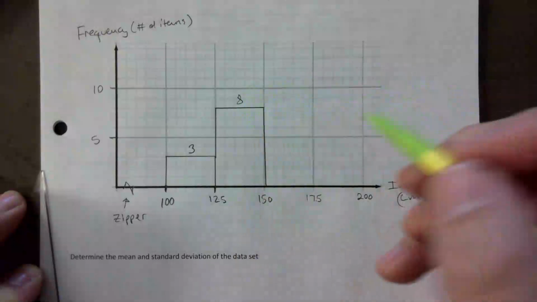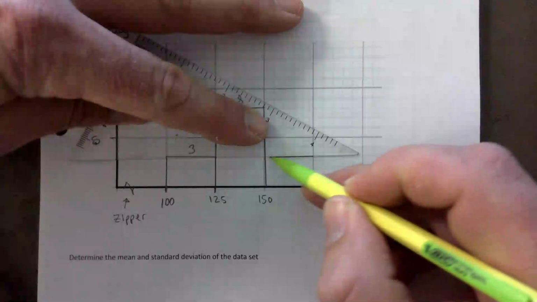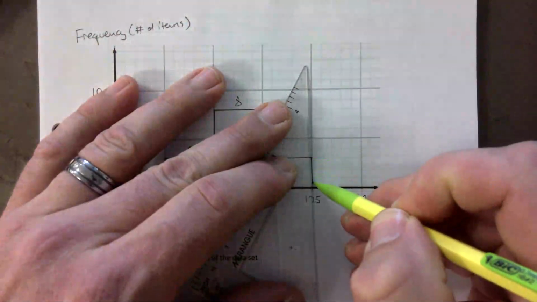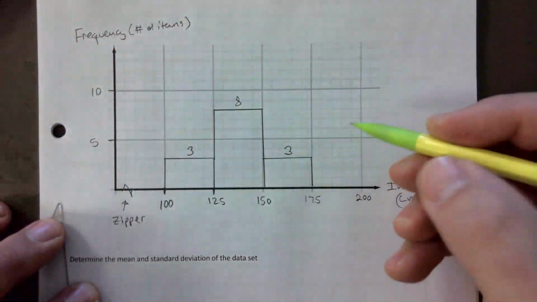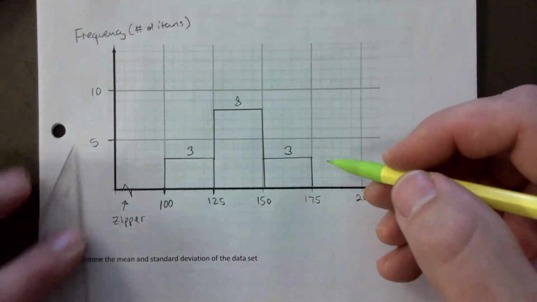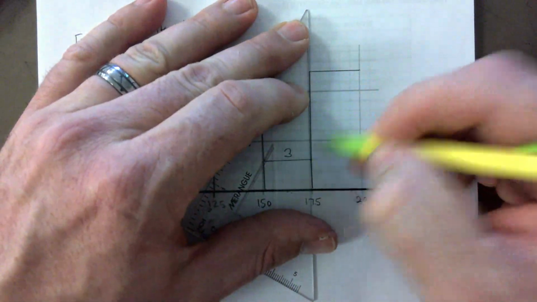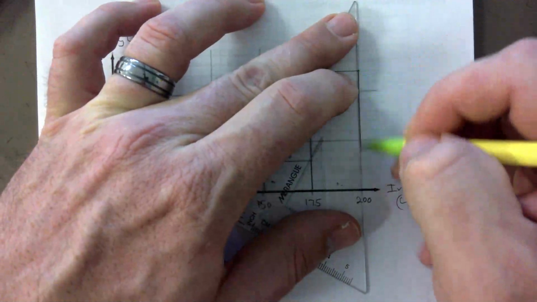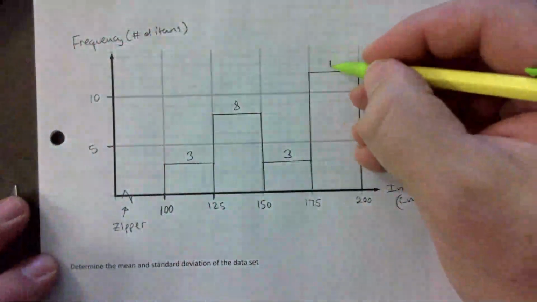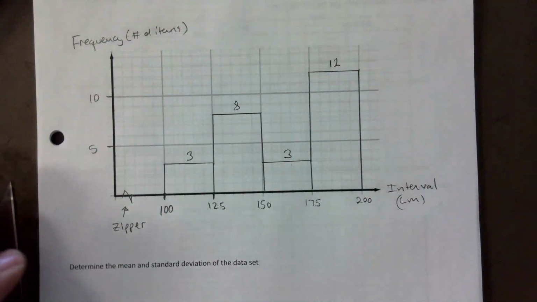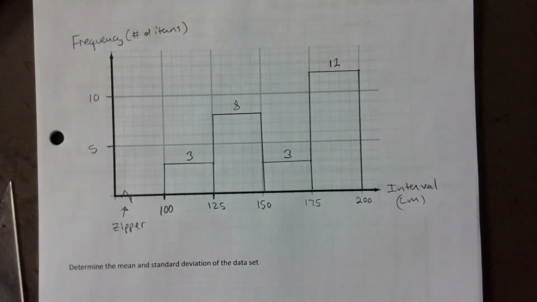And that's my 8. And then I have another 3. Okay. And then 12. So that's what the histogram looks like.